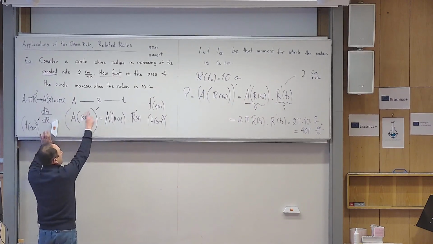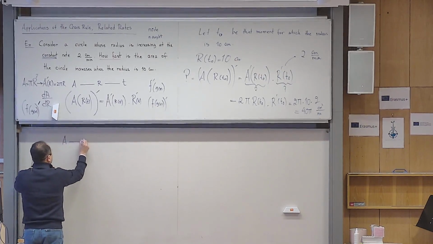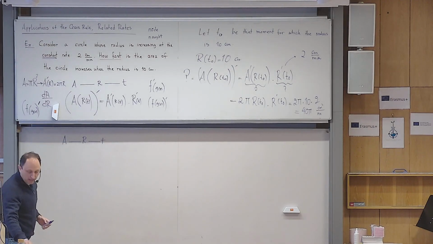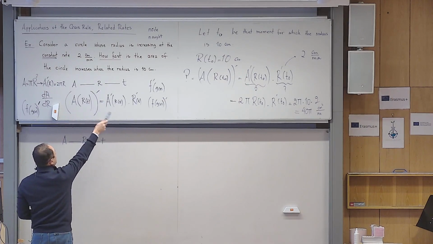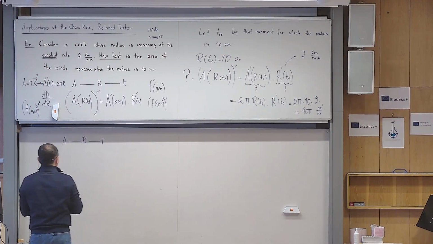Okay, but I write it in this way. When I read that problem, I try to analyze the problem by drawing that diagram. And I see, when I read the problem at the very end, how fast does the area change with respect to time, because how fast means with respect to time.